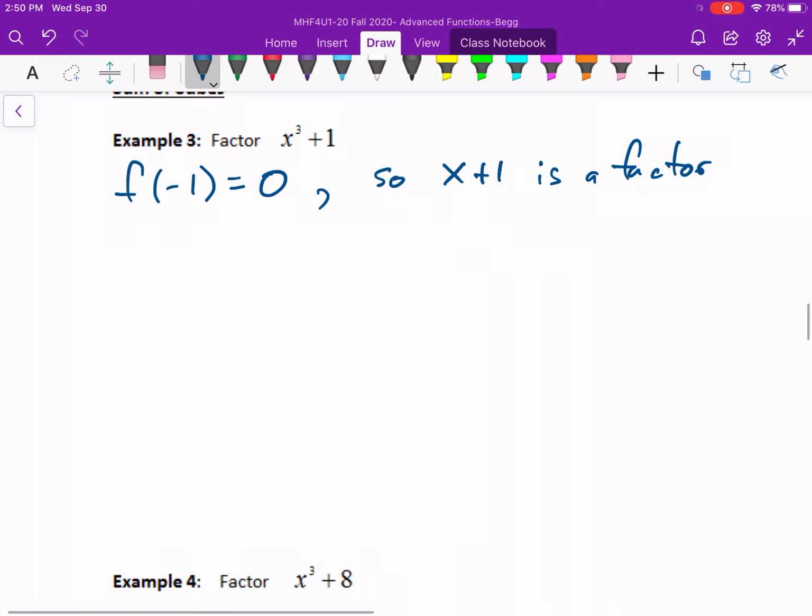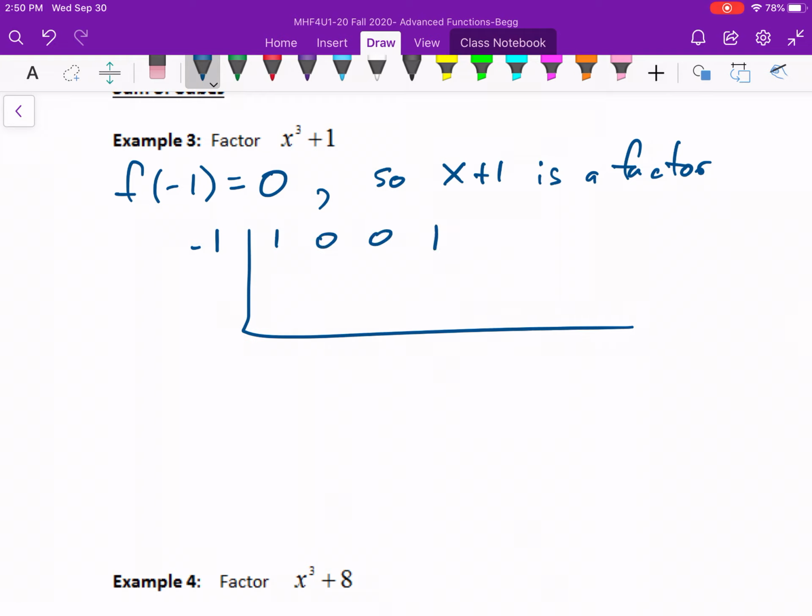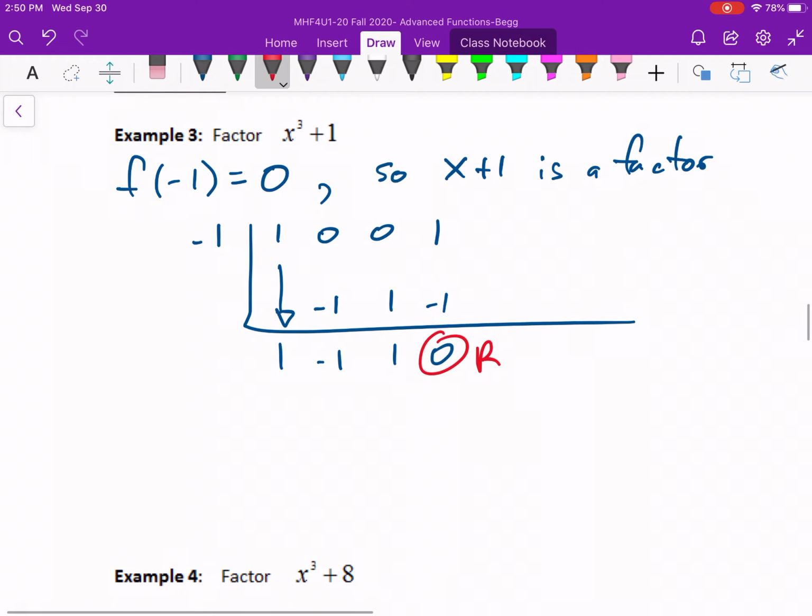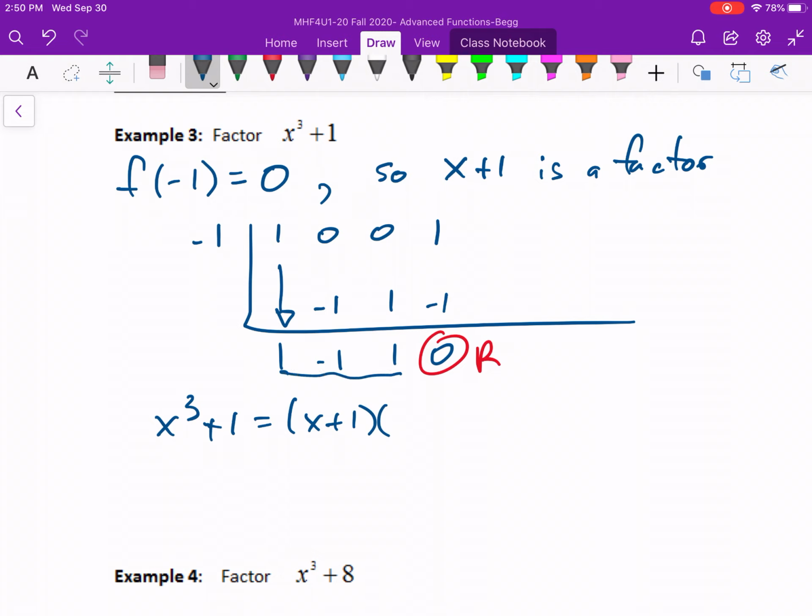If we do synthetic division, then we'll quickly see here's my remainder that we get. x cubed plus 1 is equal to my first factor of x plus 1 times, again, a polynomial or quadratic with those coefficients.